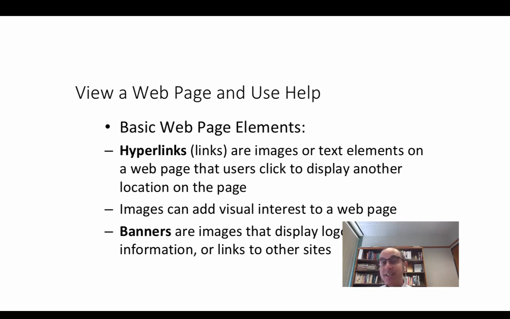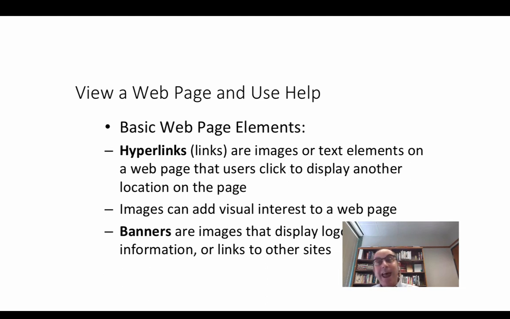We talked about the hyperlinks, which are images and text that allowed us to connect to another page or another image. So images can add visual interest to a website. Banners are images that display logos, contact information, or link to other sites.